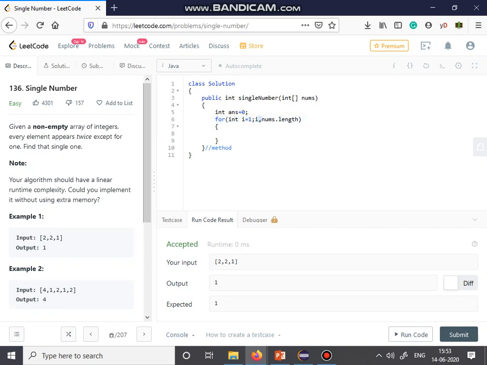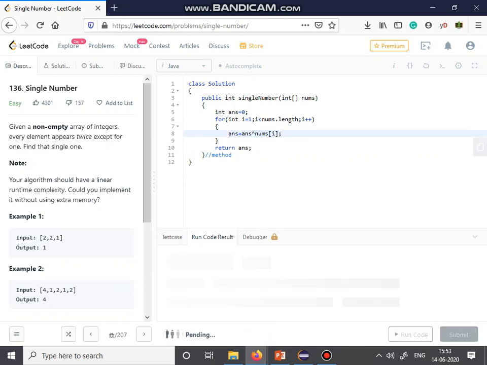With i plus plus, here we need to do answer is equal to answer XOR nums of i, and then we simply return this, right? The syntax might change with respect to C and C++, but this XOR operator remains the same, and we simply need to do XOR, and let's first check whether it's actually working or not.